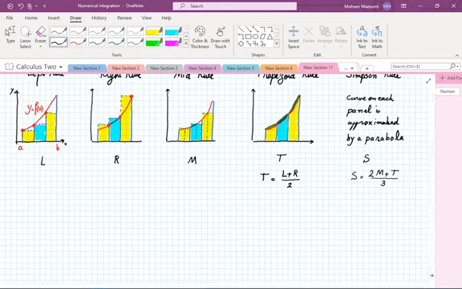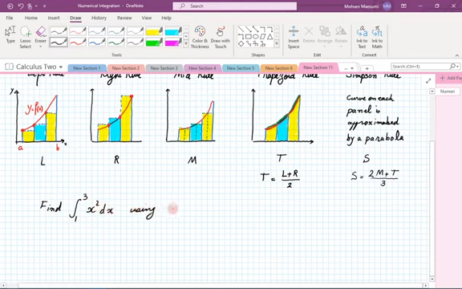So suppose we say find the integral from 1 to 3 of x squared dx using left rule with 10 panels.